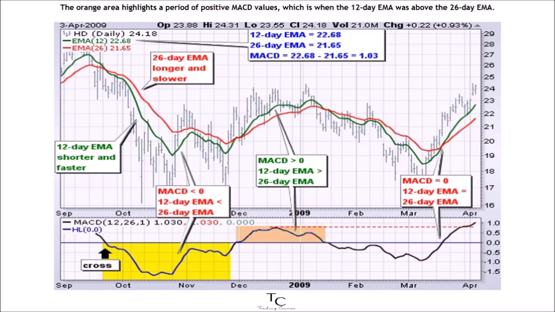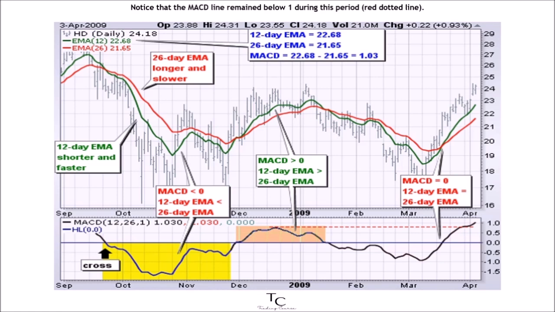The orange area highlights a period of positive MACD values, which is when the 12-day EMA was above the 26-day EMA. Notice that the MACD line remained below 1 during this period.